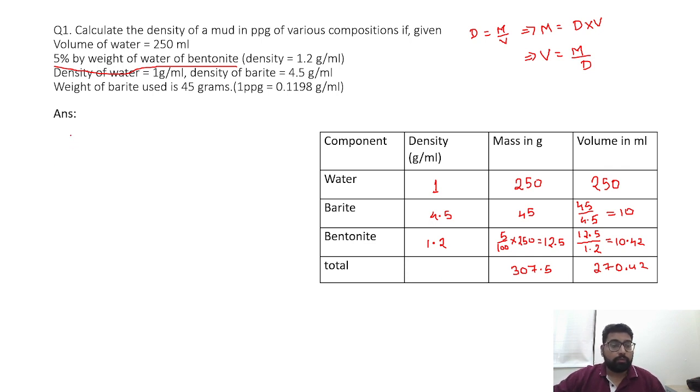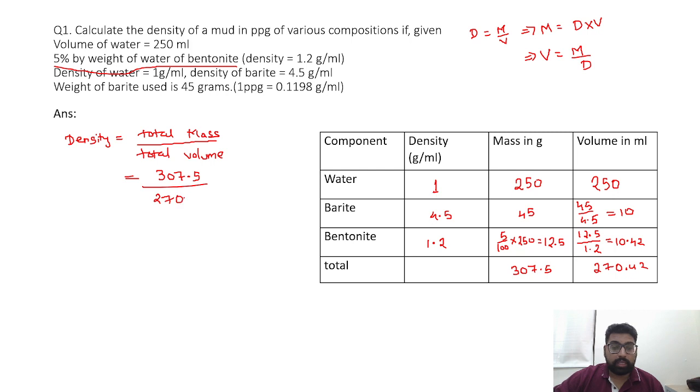Now the formula is, density of your mud will be total mass upon total volume. Okay. So total mass we have 307.5 upon total volume, 270.42.